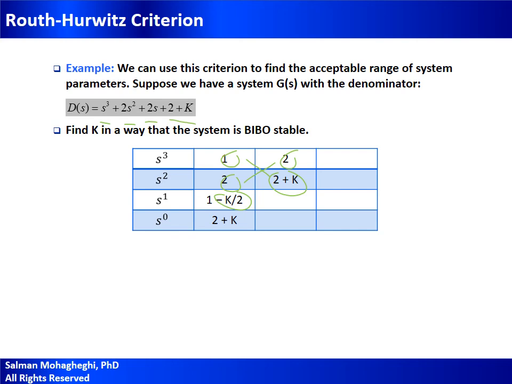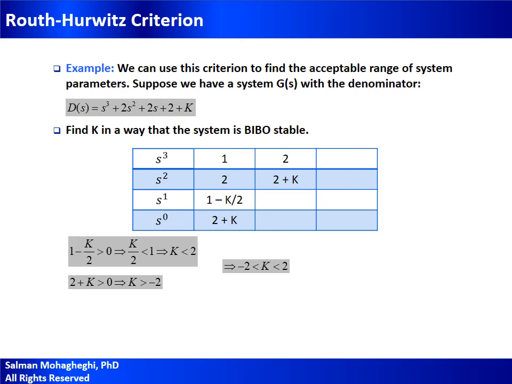That would give me 1 minus k over 2. If I want to find C1, that would be (1 minus k over 2) multiplied by (2 plus k) minus 2 times 0, divided by (1 minus k over 2), which is 2 plus k.